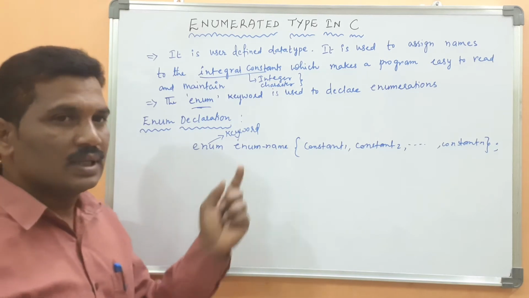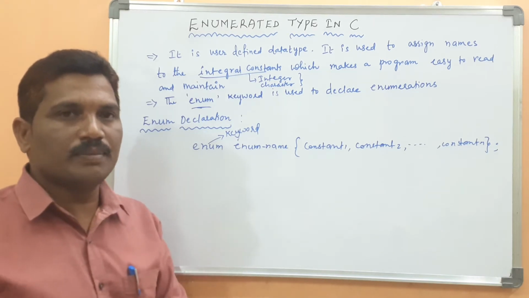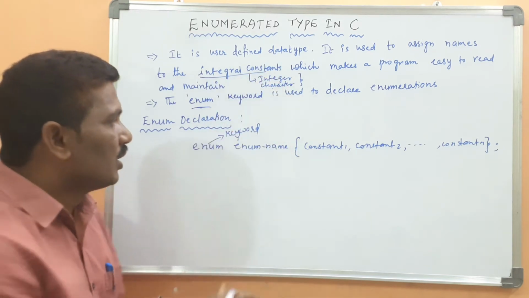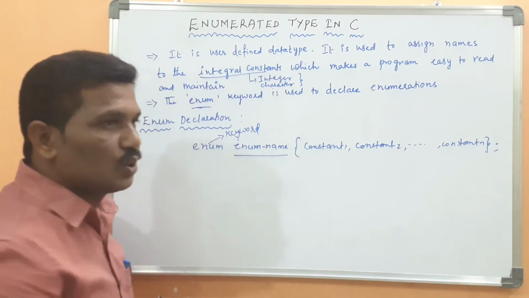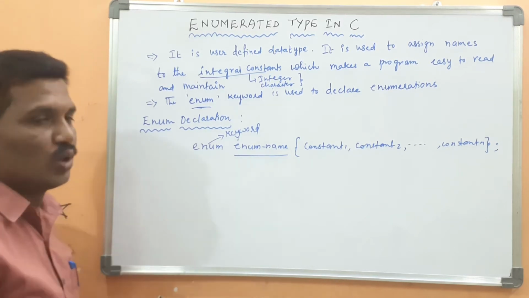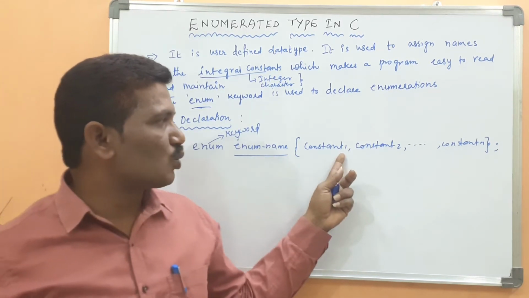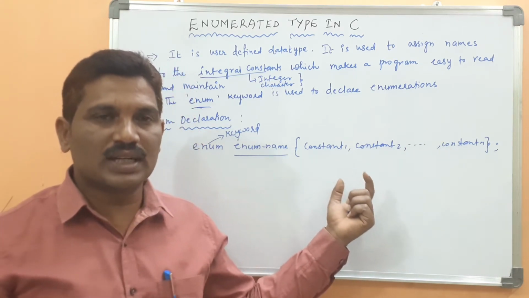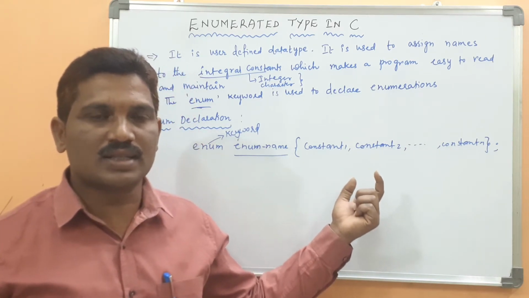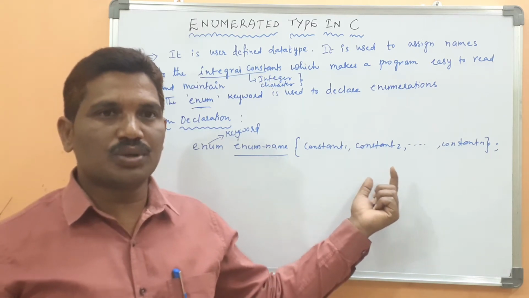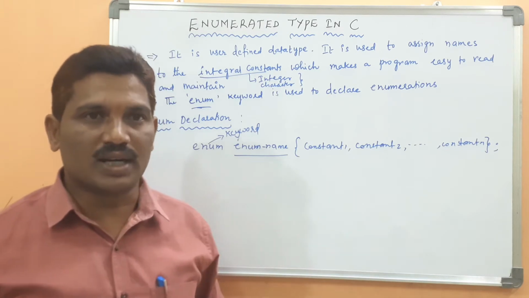The enum name is whatever name you give, that's why it is a user defined data type. The enum name should be given by the user or programmer. Based on the application, you can use your own name. Then constant 1, constant 2, up to constant n. There is no restriction to declare 2 constants or 3 or 4 constants. Based on your application, you can declare any number of constants.